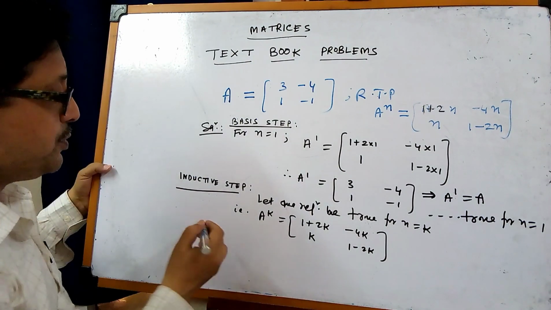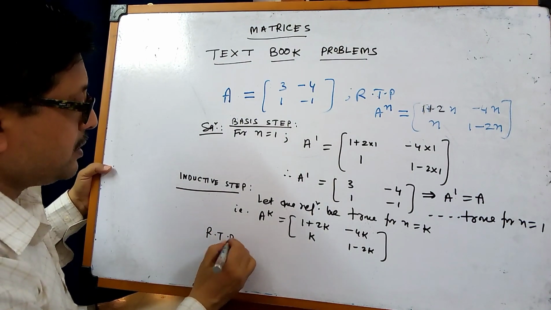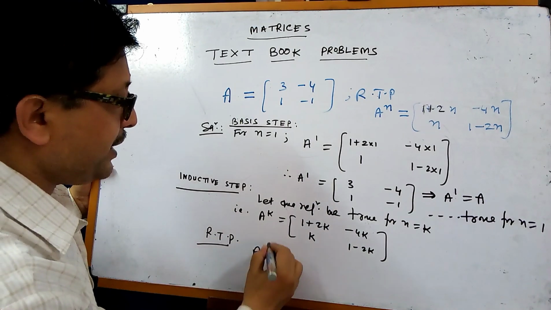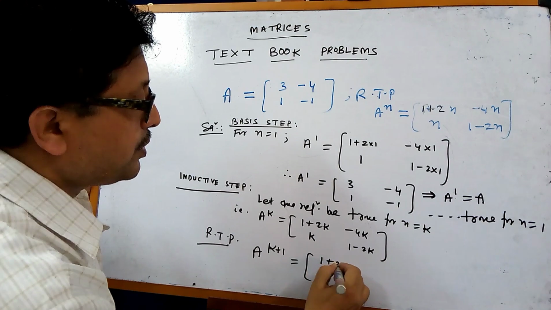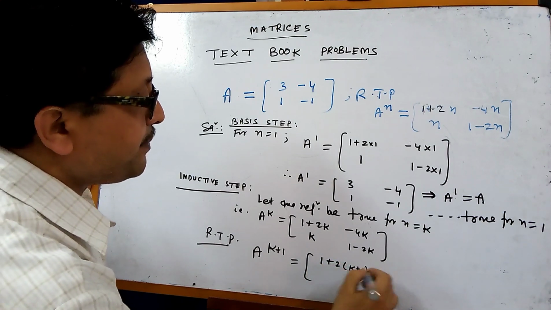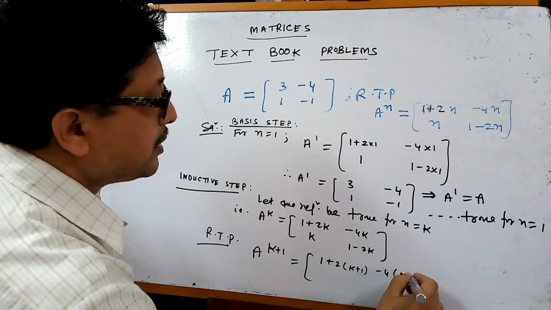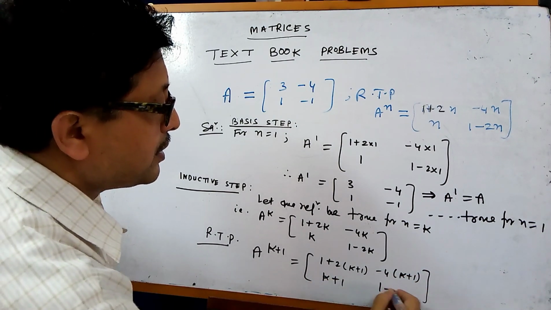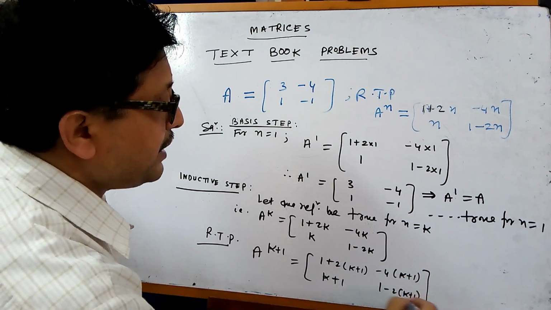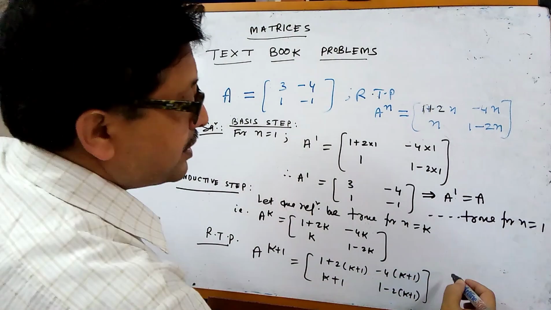We are required to prove A to the power k plus 1 equal to 1 plus 2 into k plus 1, minus 4 into k plus 1, k plus 1, 1 minus 2 into k plus 1.